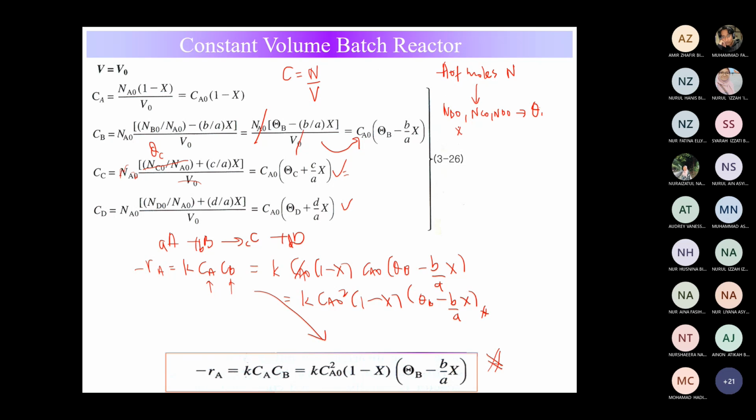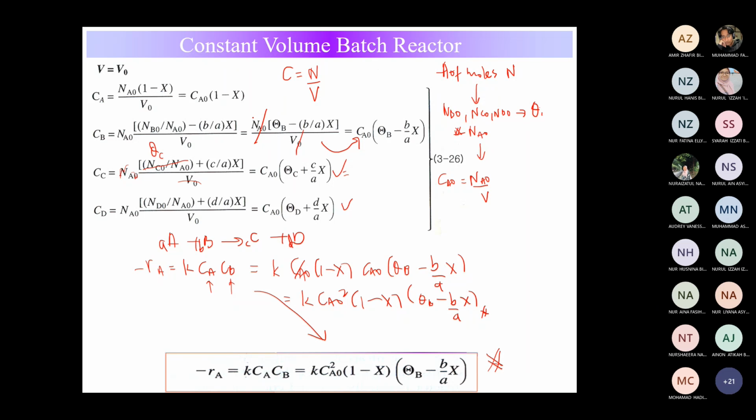Ultimate aim adalah NA0 saja. Kalau nak kira, orang tak akan bagi number of moles, dia akan bagi dalam concentration. That's why kita nak refer satu type saja, katakan kita nak concentrate CA0. So CA0 adalah equals NA0 over V kan?